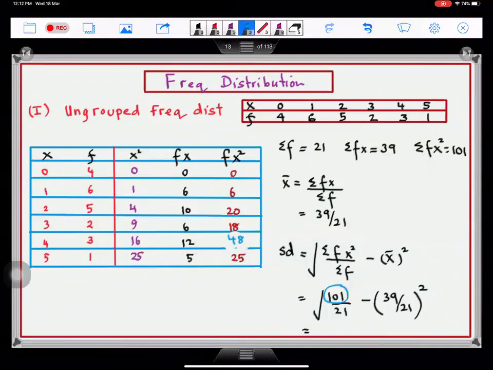You have to calculate x square, fx, fx square. f into x is fx. f into x square is fx square. You need sigma f of this, sigma fx of this, sigma fx square of this. This one value, I changed it because there was an error, so it might change this value of 101. Understanding the concept is necessary. Using a calculator, you can use it.